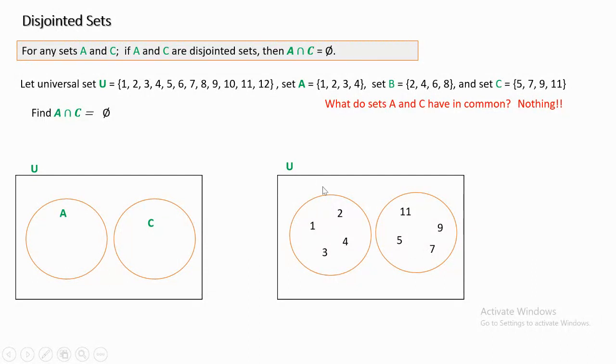So what's missing, right? What's missing goes here inside the box, but outside of the two circles of set A and set C. So we got 1, 2, 3, 4, 5. What's missing? The 6. 7, we have the 8 missing. 9, the 10. The 11 is there, and the 12. That's the representation of this problem, or the situation.